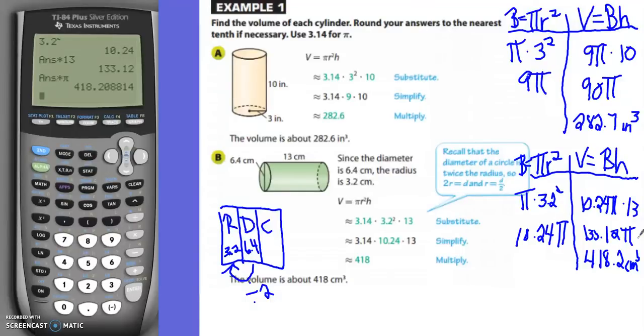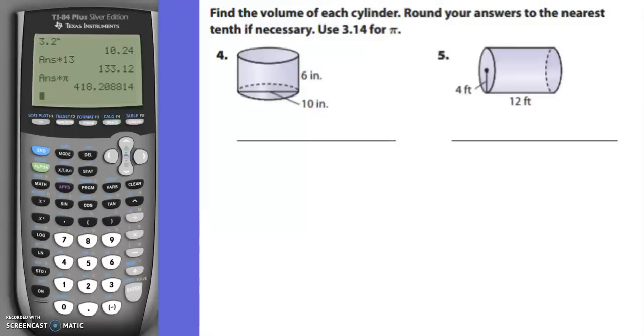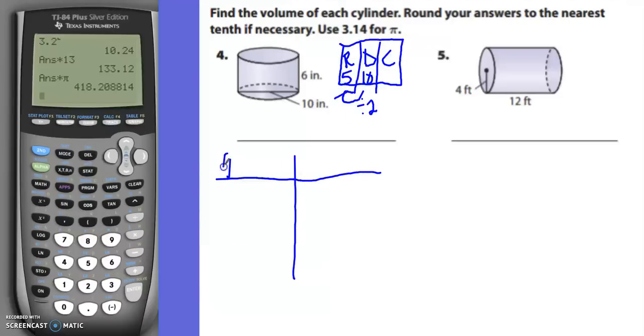Alright, let's go to number 4. We're going to first do an RDC table. So we have 10. 10 divided by 2 is 5. The area of the base is pi r squared, and the volume is big B times h.